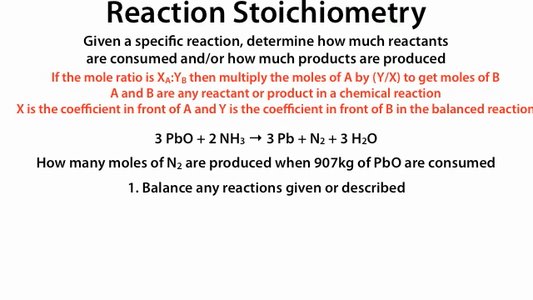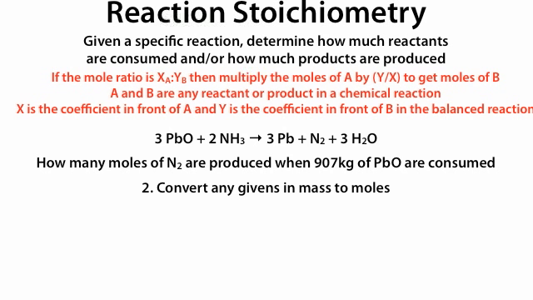In this case, we've already balanced our reaction from before, so we don't need to do anything. Step 2. Convert any givens in mass to moles. If we look at our givens, we see that we have 907 kilograms of PbO. So we have to convert 907 kilograms of PbO to moles.